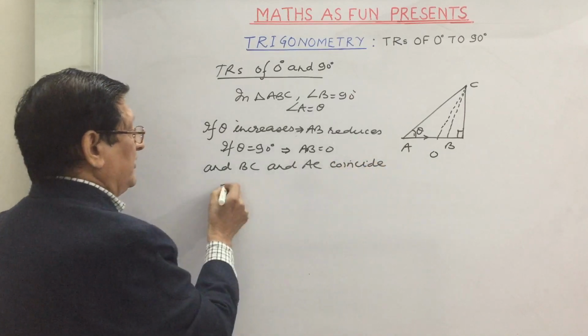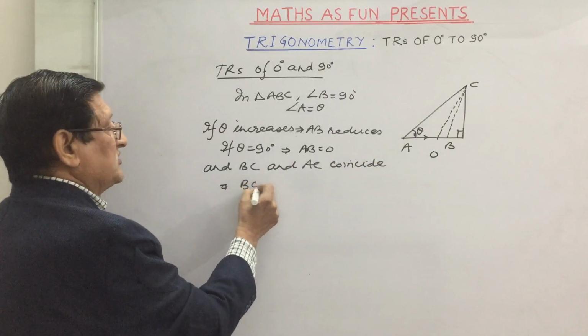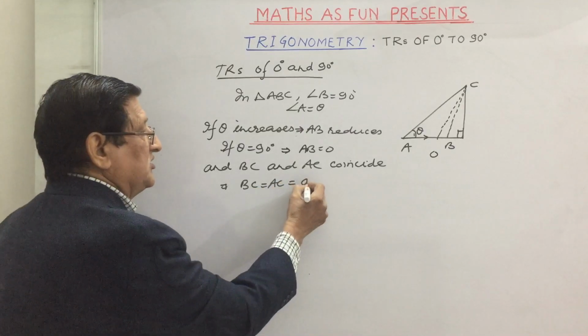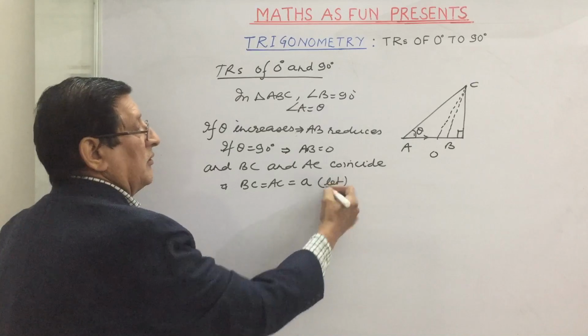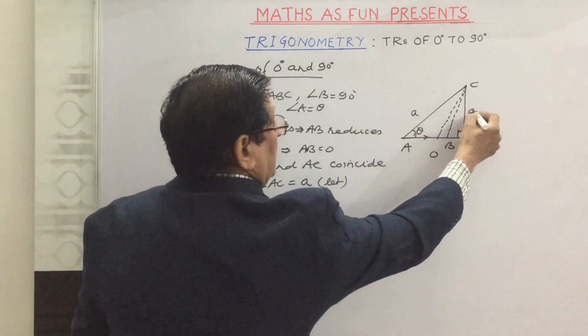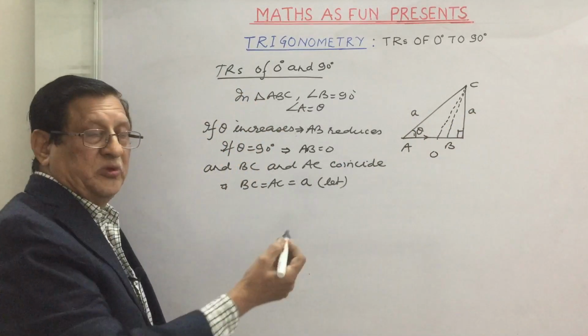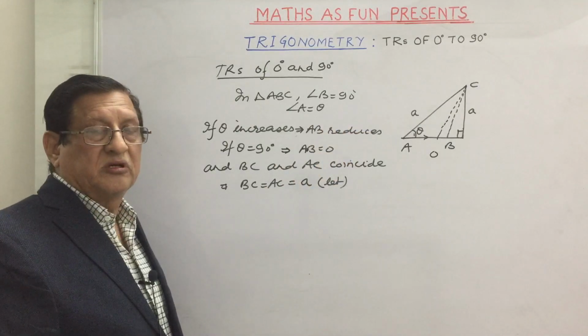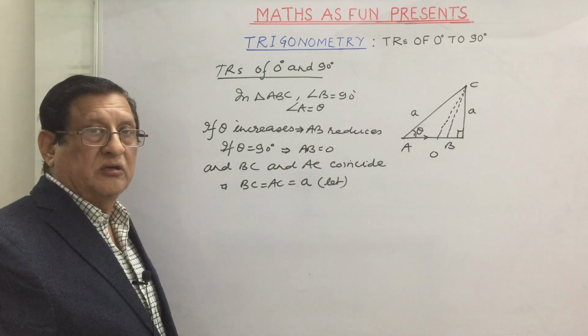If they coincide, we can say that BC is equal to AC. Suppose each is A. This is A, this is A, and this is 0 for theta to be 90 degree. And now we can find out the trigonometrical ratios of 90 degree.